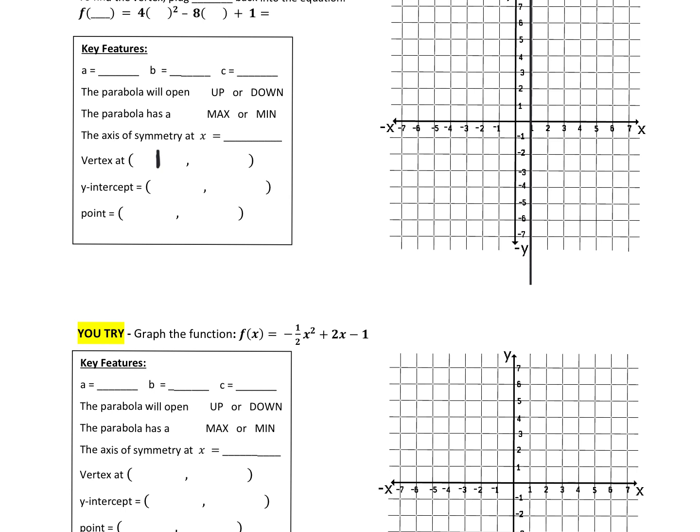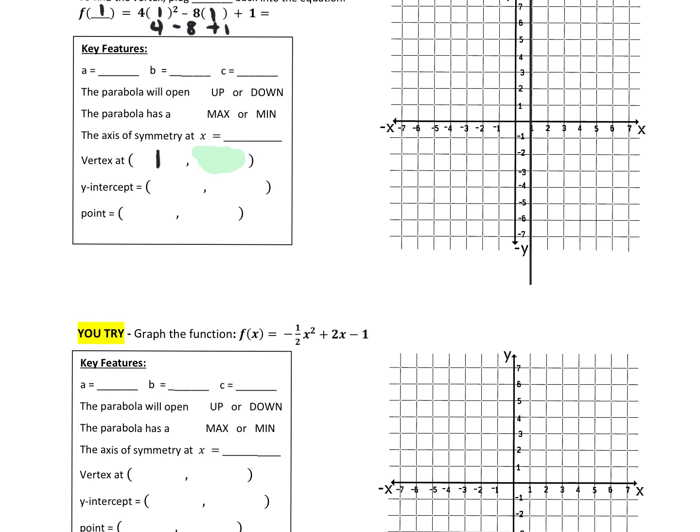And so then in order to find the y-coordinate for the vertex, I'm looking for this value right here, the y-coordinate for the vertex. What I'm going to do is take that number that I just found, 1, and put it into the function. So f of 1 equals 4 times 1 squared minus 8 times 1 plus 1. So this comes out to just 4, because 1 squared is 1, minus 8 plus 1.